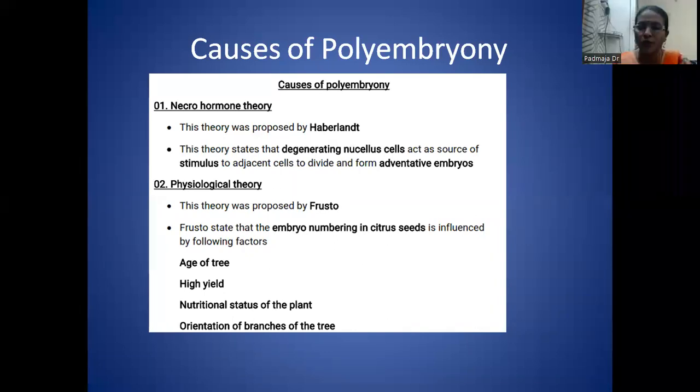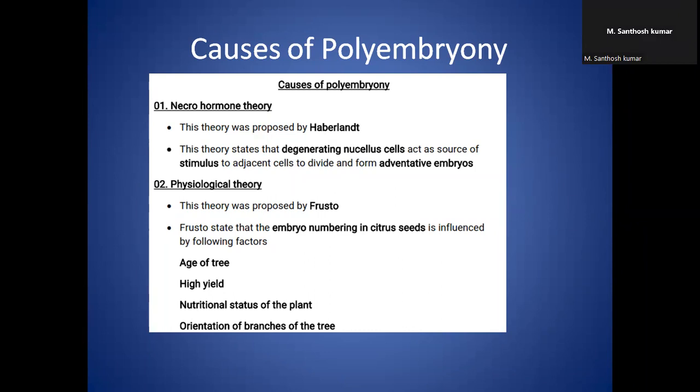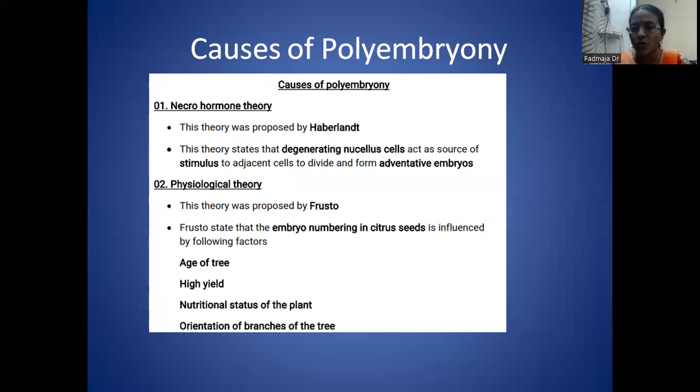So depending upon the age of the tree, we see this type of condition, and also a high yielding capacity, the nutritional status of the plant, and the orientation of branches of the trees. These are all due to physiological changes. We may see the formation of a greater number of embryos, and this condition is called polyembryony.